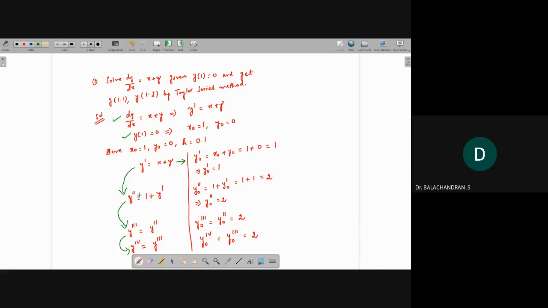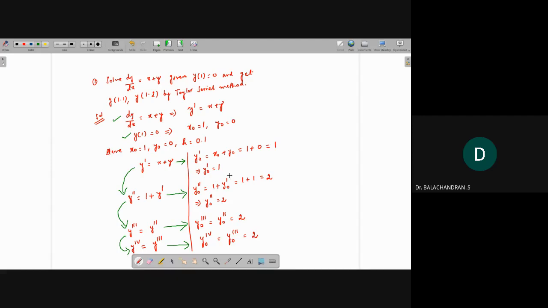Similarly, for y double dash equal to 1 plus y dash, y naught double dash is equal to 1 plus y naught dash, which is 1 plus 1, so y naught double dash is 2. Similarly, y naught triple dash is equal to y naught double dash, which is 2 from the previous value. So the y naught fourth derivative equals the y naught third derivative, that is 2.